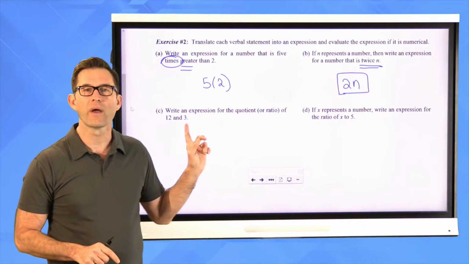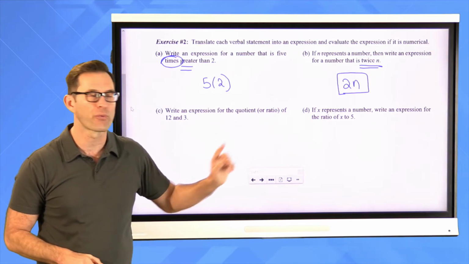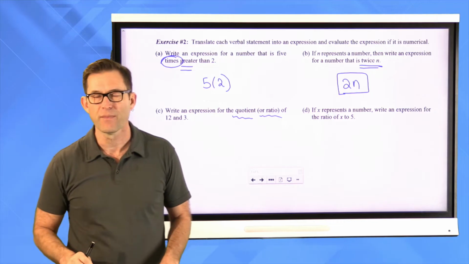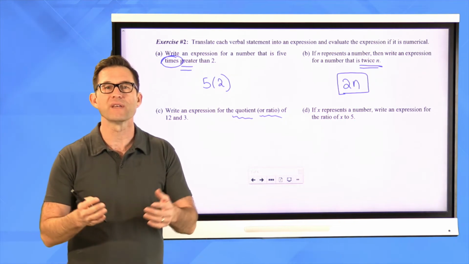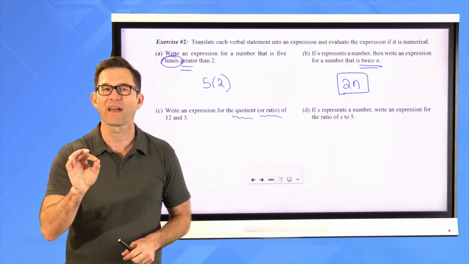Letter C, write an expression for the quotient or ratio of 12 and 3. So both of those words, quotient and ratio, imply division, right? And we will always represent division in algebra by using a fraction bar. We will never use that classic division sign.